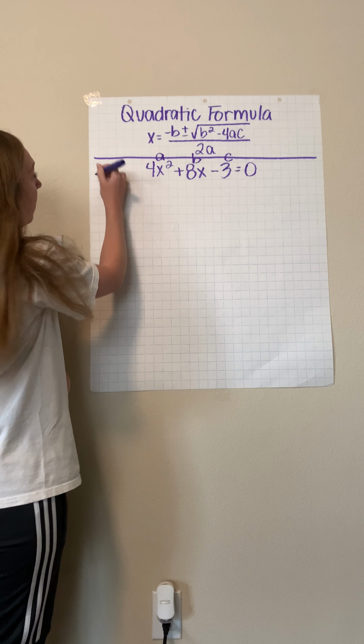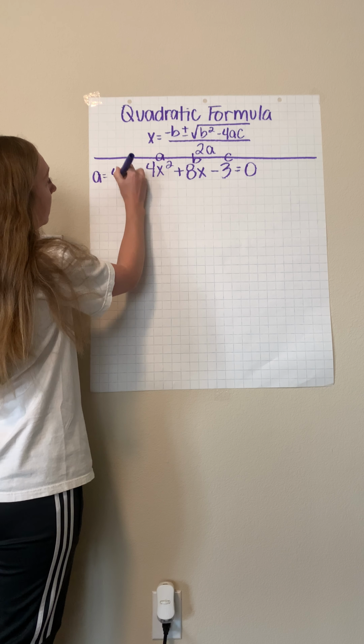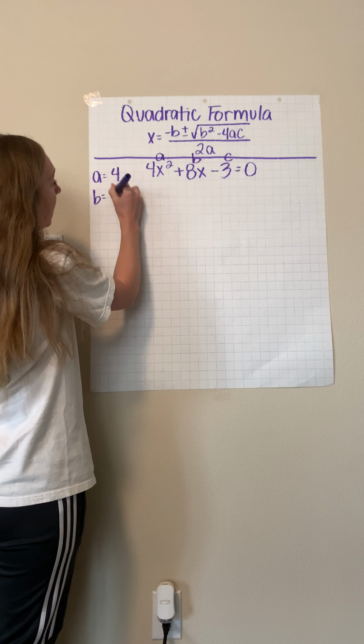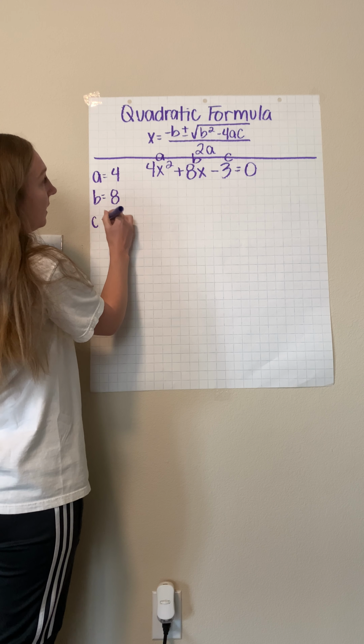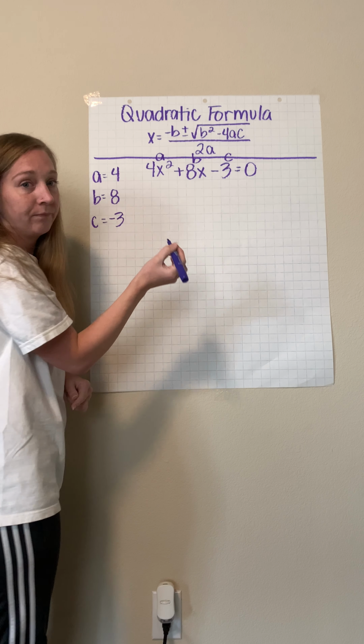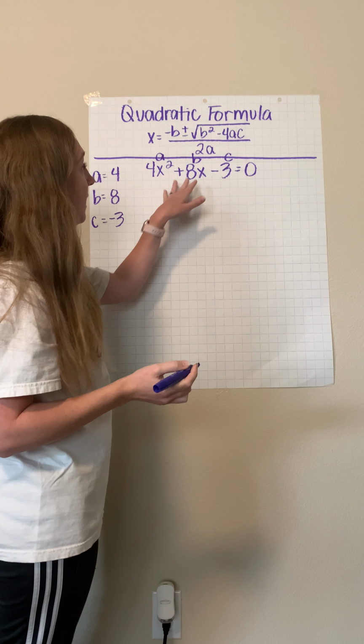I'm going to write them out though. A is 4, B is 8, and C is -3. To which then I can start plugging in my pieces.